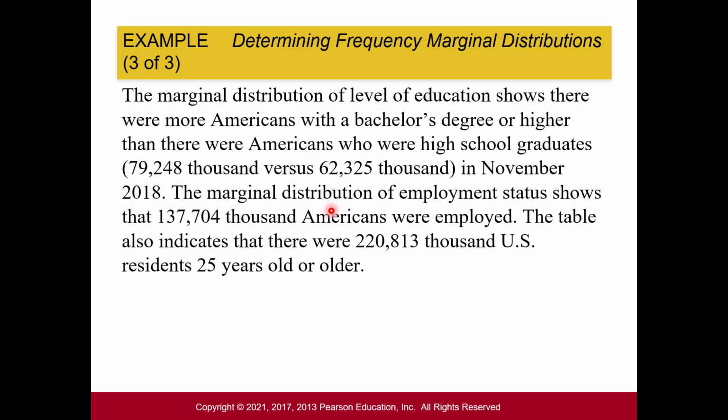The marginal distribution of employment status shows that 137,704 times 1,000 Americans were employed. The table also indicates that there were 220,813 times 1,000 U.S. residents 25 years or older. And so the marginal distribution gives us some nice totals.